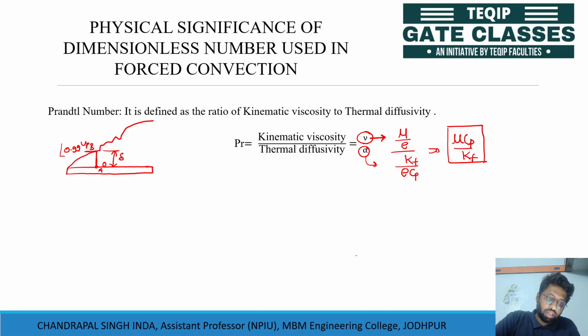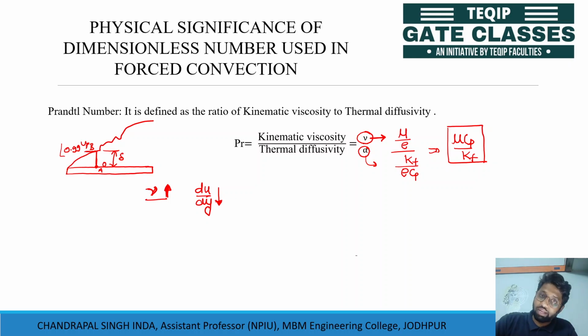So this kinematic viscosity is related to delta. How? Let's see. As we have said, the kinematic viscosity represents the momentum diffusion between the fluid layers. So if we increase the value of kinematic viscosity, what happens? As nu increases, the rate of momentum diffusion increases. Due to the increase in the rate of momentum diffusion, the velocity gradient du by dy decreases.